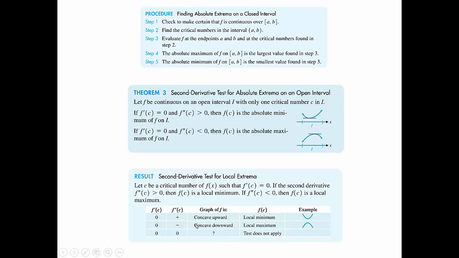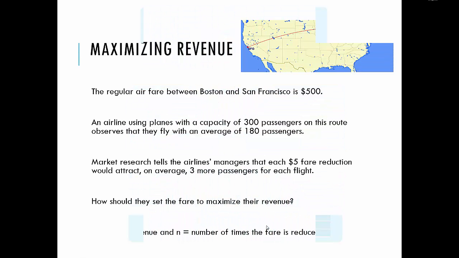This is a nice way to do it: you find the critical point with the first derivative, so at the critical point your slope is 0, so there's going to be a max or a min or neither. Then I evaluate the second derivative, and that gives me the information I'm looking for, my minimum or my maximum.